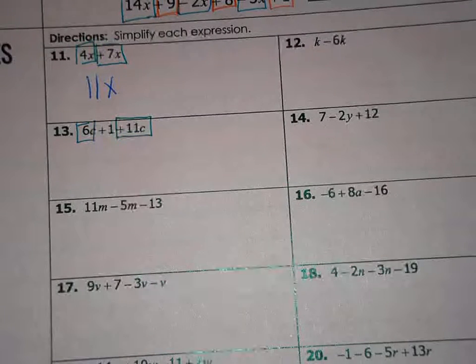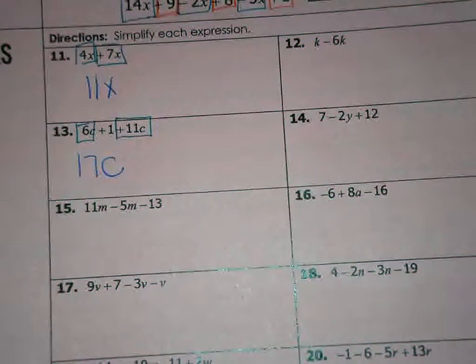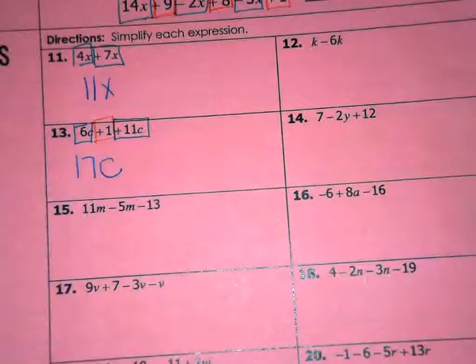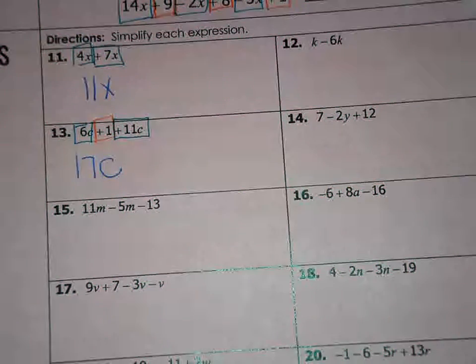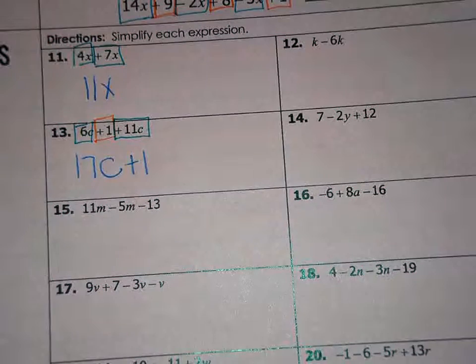Well, what is 6c plus 11c, everyone? 17c. What's the next term I should box in? Plus 1. Now, is there any term that goes with that plus 1? No. So what should my answer say? 17c plus 1. Good, I'm just going to bring that plus 1 with it. I can't do anything to it, but I can't leave it out.